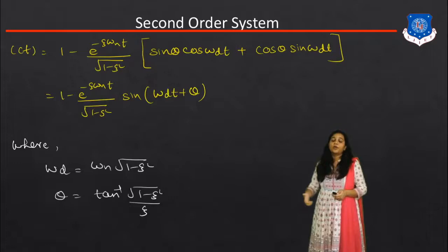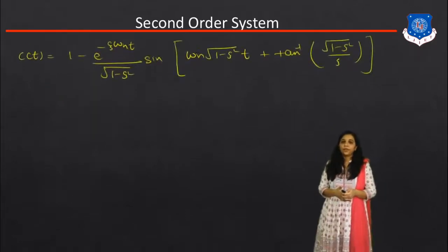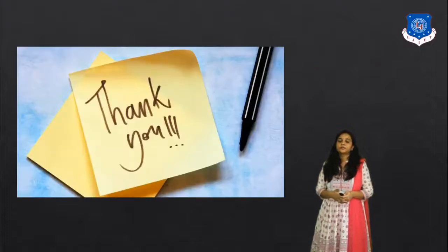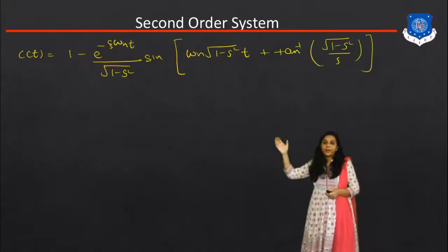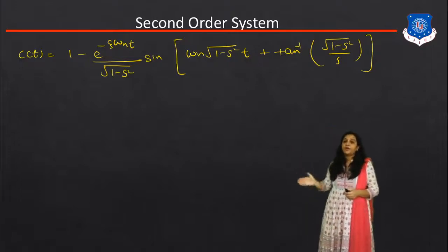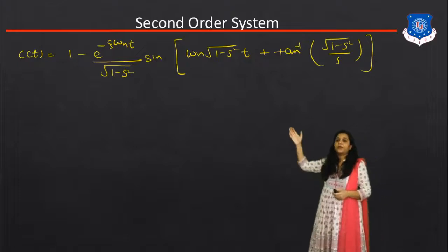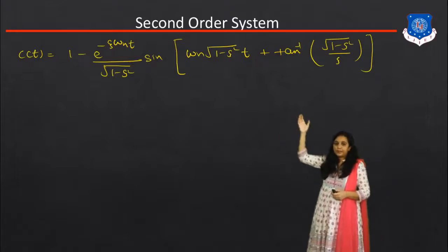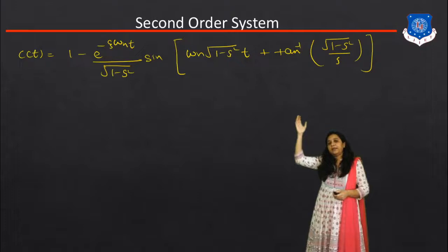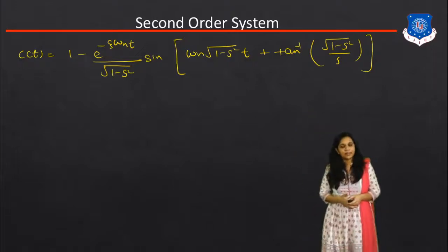So this is the second order output equation. Okay, C of t is equal to 1 minus e raised to minus zeta omega n t upon under root of 1 minus zeta square, in this bracket sin of omega n under root of 1 minus zeta square t plus tan inverse under root of 1 minus zeta square upon zeta.